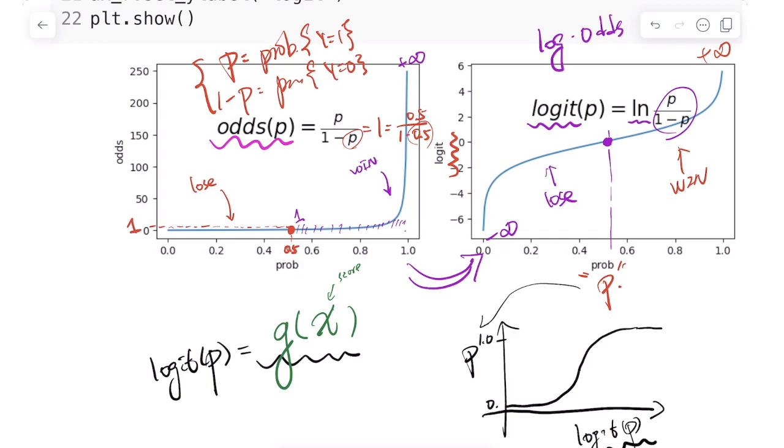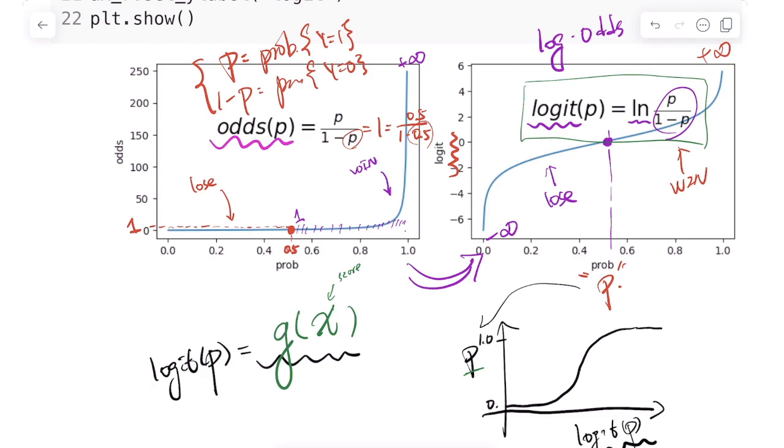So it's kind of a mapping. And then we can use the logit function, which is right here, to calculate the corresponding probability, which is what we want to output, right? So that is the basic idea of logistic regression.